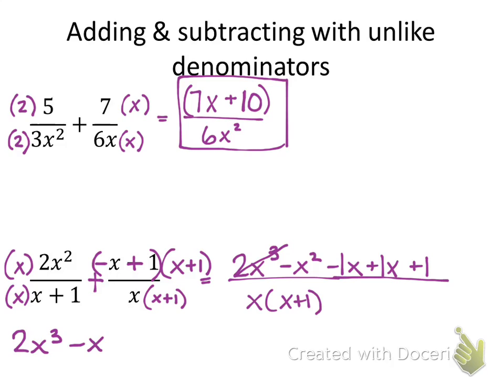Negative x squared because there's no other term that's going to combine with x squared. And now I need to add negative 1 plus 1. What's that going to be? 0. It cancels out. Okay? And lastly, I've got plus 1 over x times x plus 1.